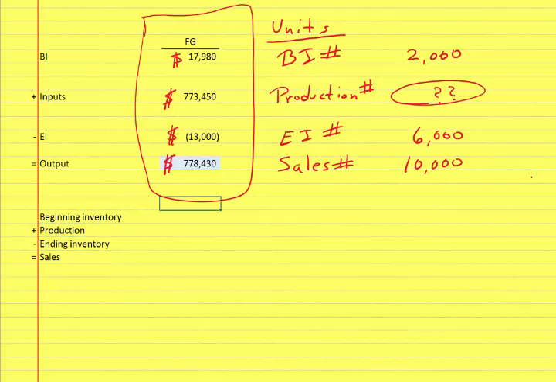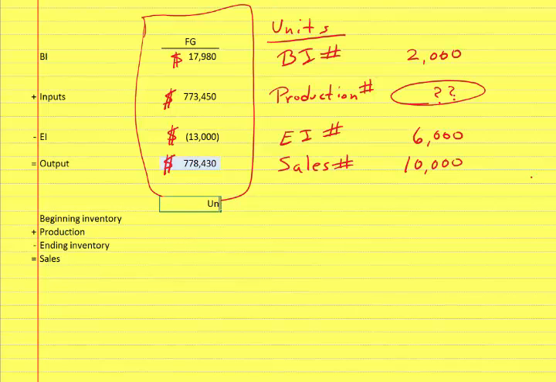My inventory formula, and let's head that column up with units. My inventory formula for finished goods in terms of units, underline and center that.